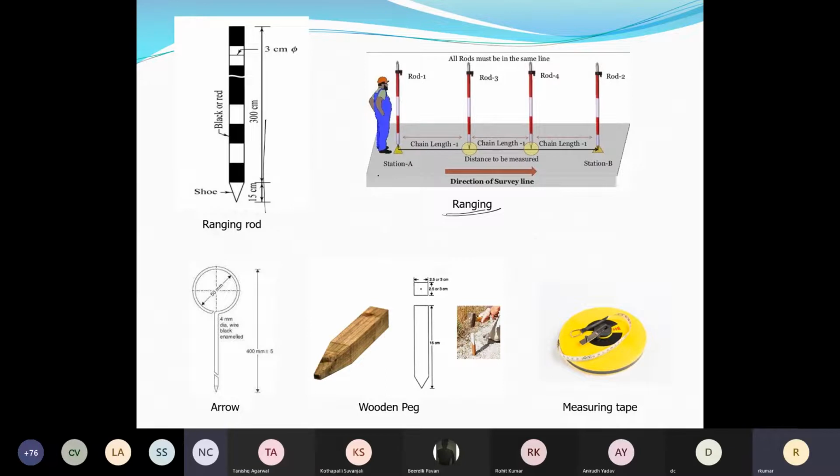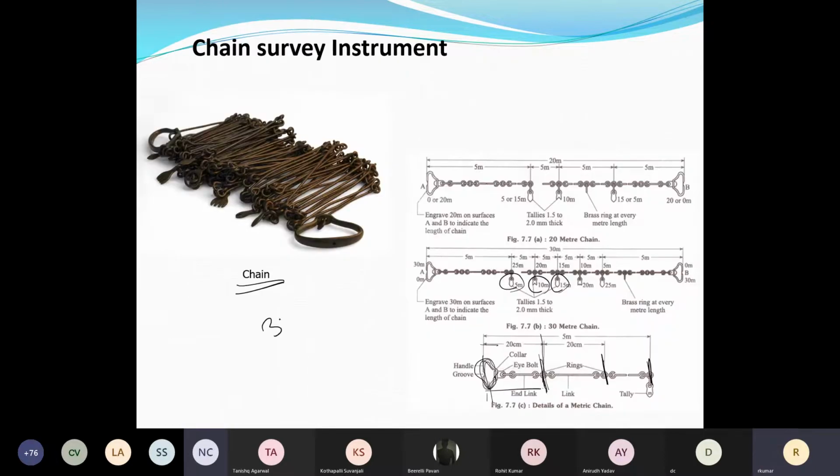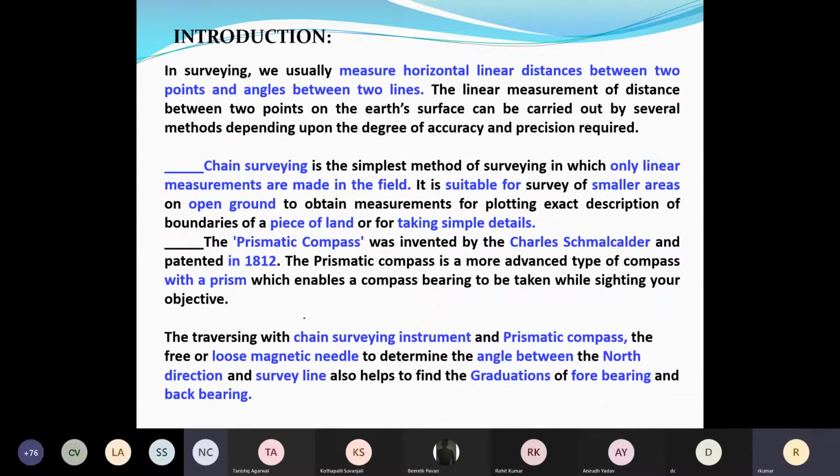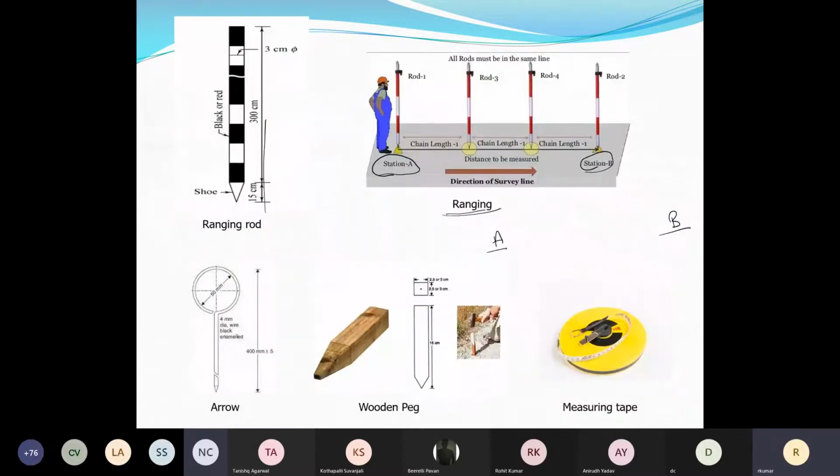Suppose this is your station A and this is station B. The length of the chain which I have shown here is 30 meters. Suppose you are laying the chain from here to here, and here to here. So this chain length is 30 meters.